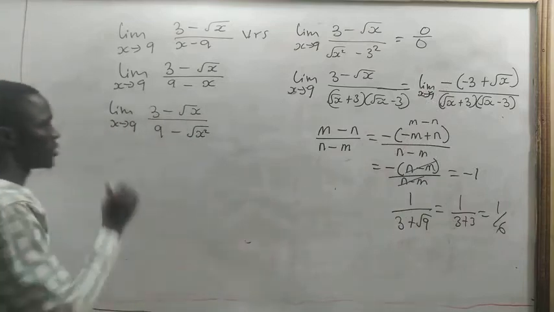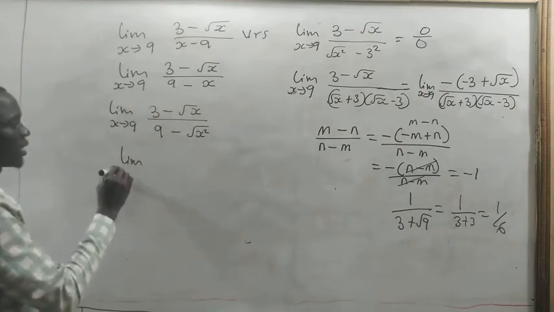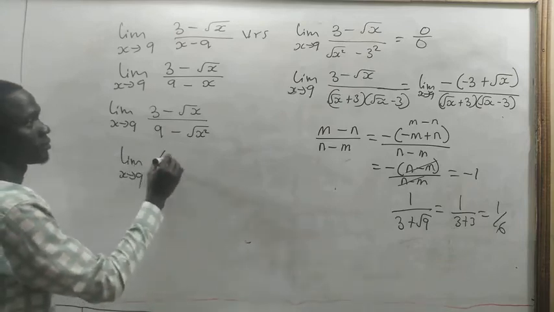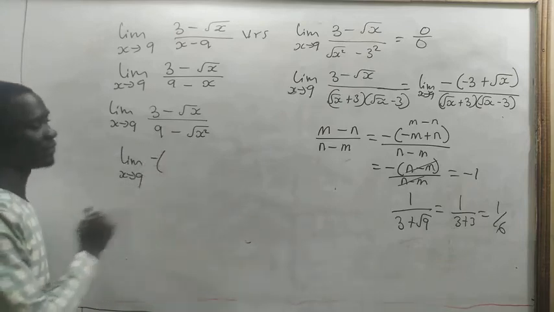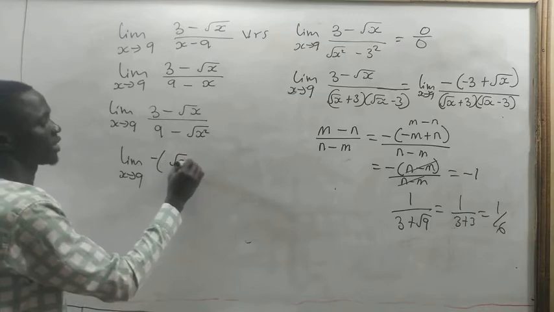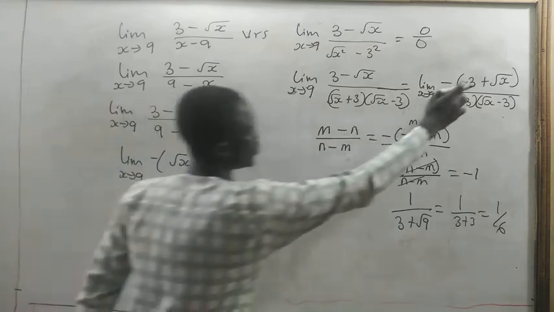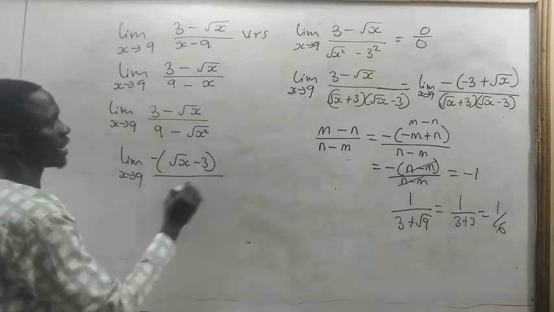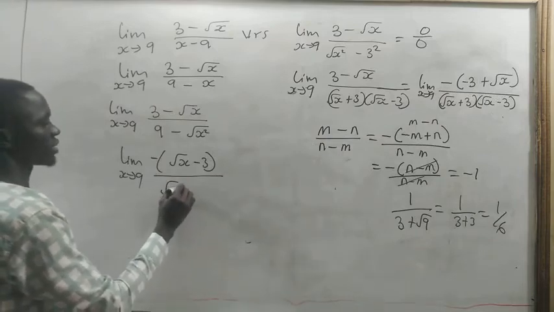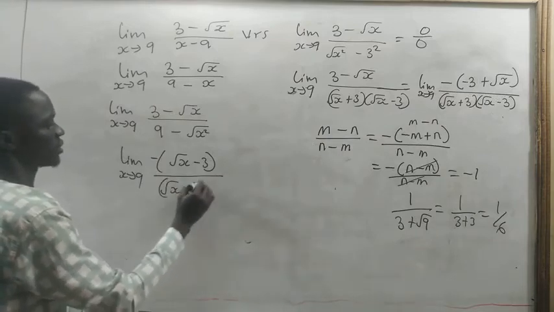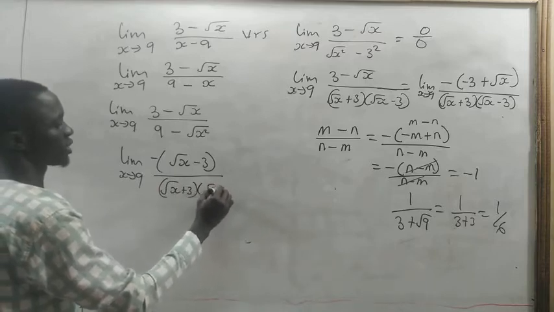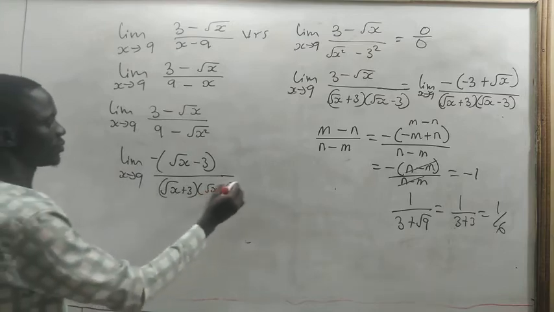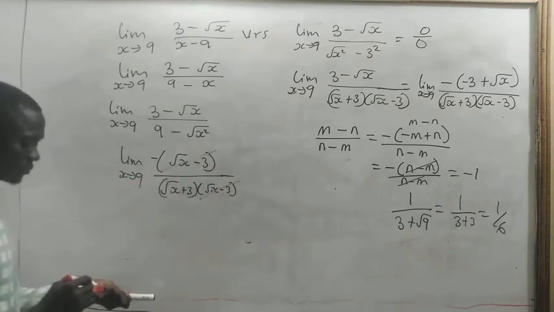Very necessary. So now we have the limit as x approaches 9. We have negative there, square root of x minus 3. Just regroup what we have here, divided by square root of x plus 3 times square root of x minus 3. And we have a common term that we can cancel out.